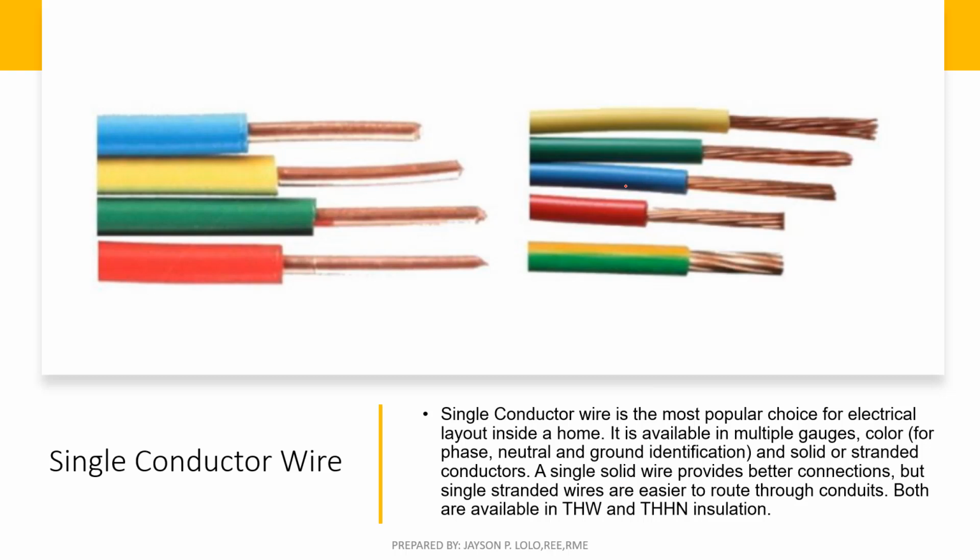Neutral is white, the ground is green, and for the phases we use red, yellow, and blue, or sometimes red and black. For neutral, it is only a white color in the Philippines, and for the ground we use a green wire. A single solid wire provides better connections, but stranded wires are easier to route through conduits. These are the two different pros of solid wire and stranded wires.